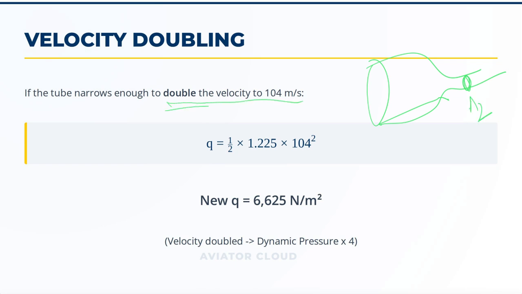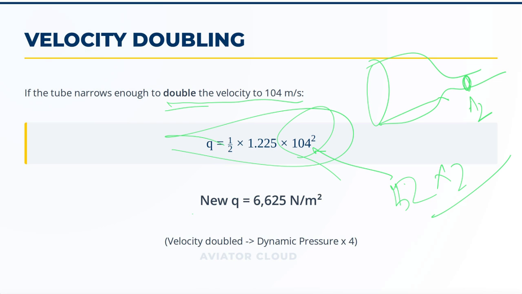Let's say the velocity has to be doubled. We are doubling the velocity, 52 multiplied by 2, 104. Now put it in the formula. It comes to 6625 Newton per meter square, the new dynamic pressure.